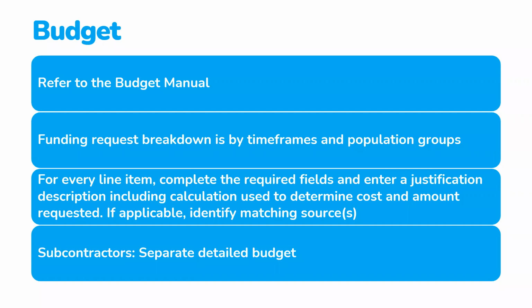Then for every line item, you must complete the required fields, enter a justification and description, including the calculations to determine the cost and the amount requested, and if applicable, identify the matching source.